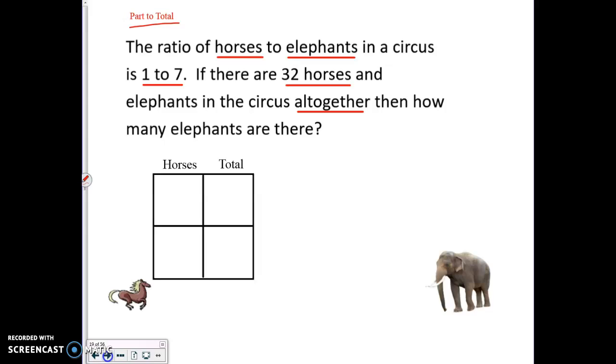I would still think that we could make this work. It says horses to elephants in a circus. So I'm going to start with horses to elephants, just to set it up the exact same way we just had, 1 to 7. Okay, so it says if there are 32 horses and elephants all together in the circus, how many elephants are there?